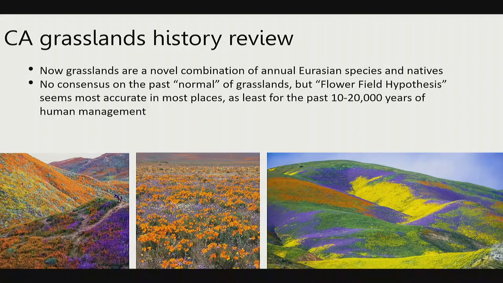So historically, a combination of native perennial grasses, but more native forbs and flowers, forming these stunning blooming meadows at certain times of year. Now, a mix of mostly annual grasses sourced from non-native backgrounds, introduced agricultural species, that sort of thing.